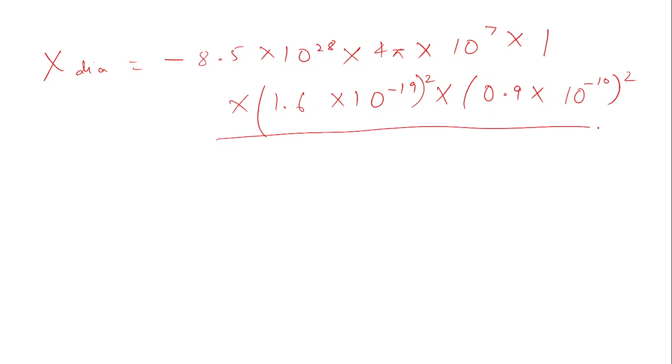And then in the denominator we have 6 times mass of electron, which is 9.1 times 10 to the power minus 31 kgs. Then I will do all this calculation.